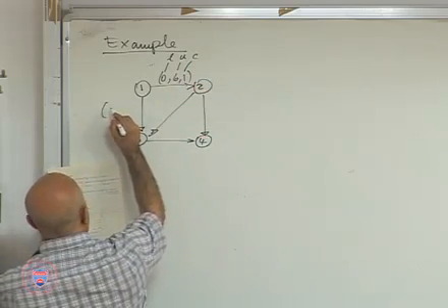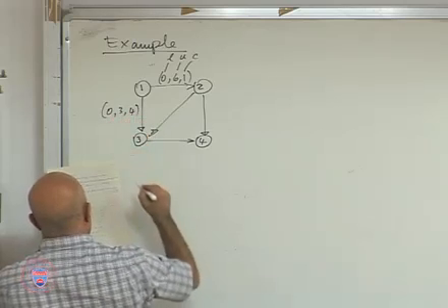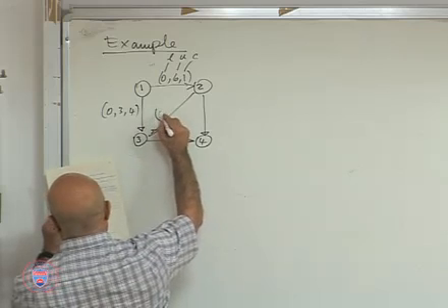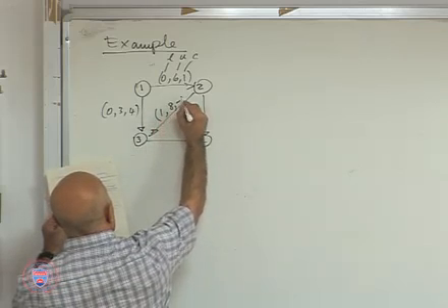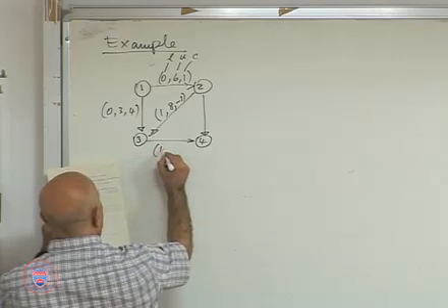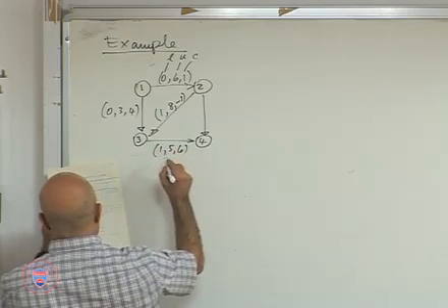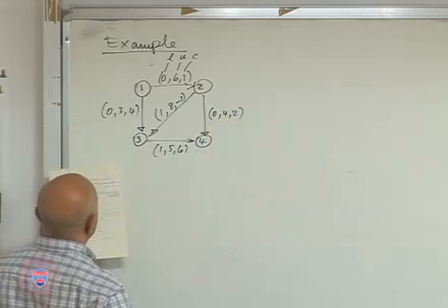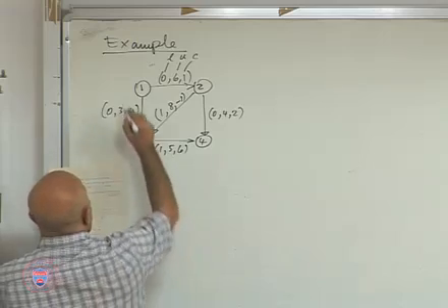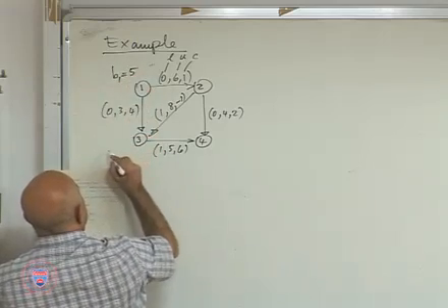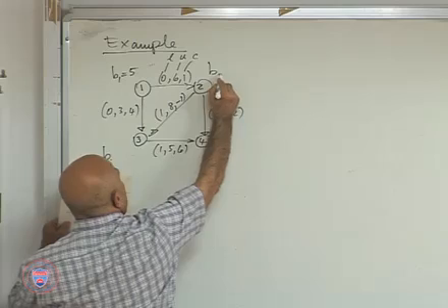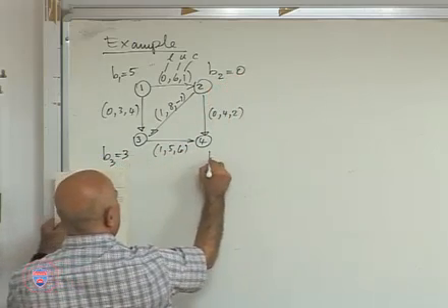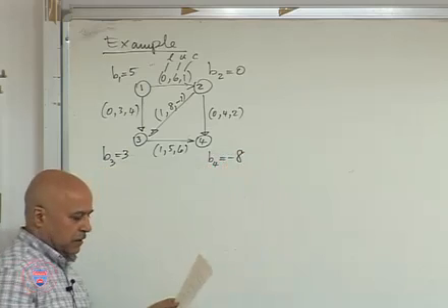This example is from the book, but used in a different way. B1 is 5. B2 is 0. B3 is 3. And B4 is -8. It's a balanced problem.